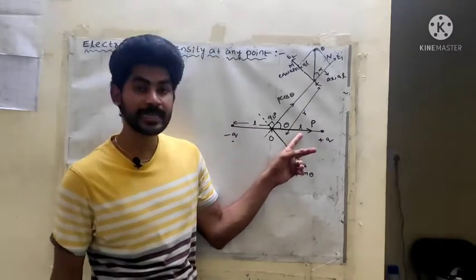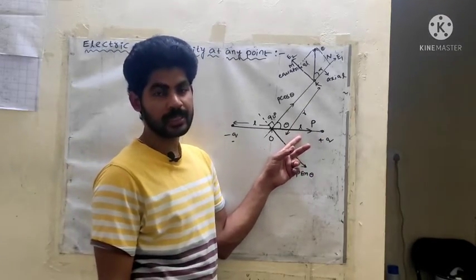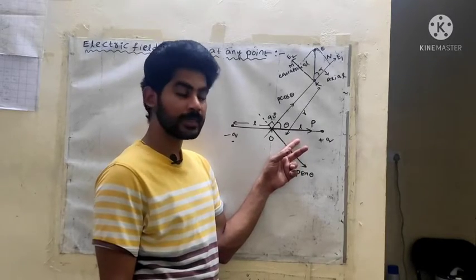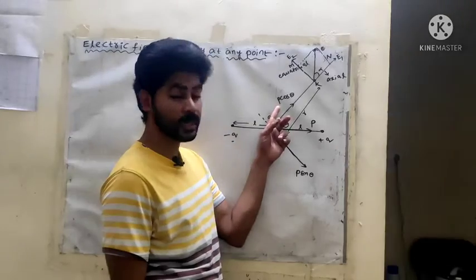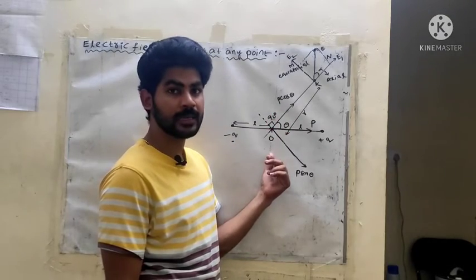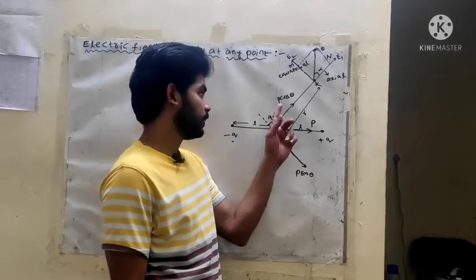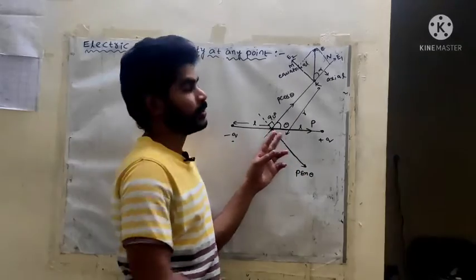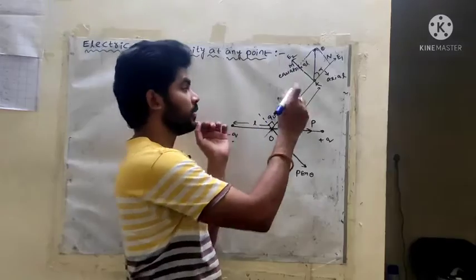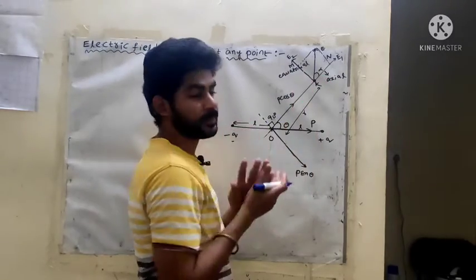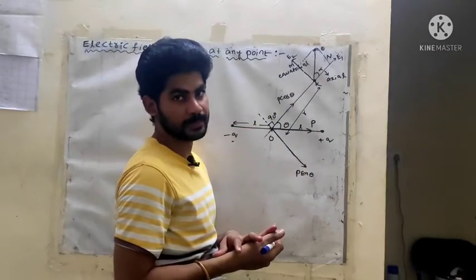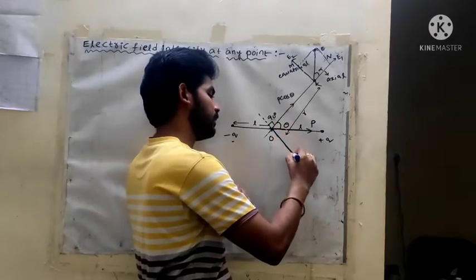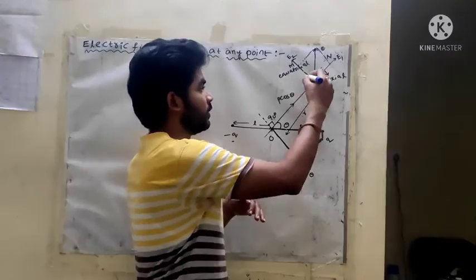This P is the resultant dipole moment, and I am dividing it into two components, one horizontal and the other vertical, P cos theta and P sin theta. From some point K I am calculating the electric field intensity.